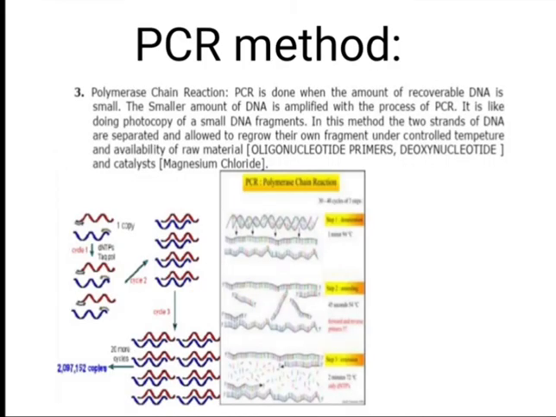And the last method is the PCR method, that is, polymerase chain reaction, as we have used this method to convert the larger size DNA strands into the smaller ones. So PCR is done with the amount of recoverable DNA, and the smaller amount of DNA is amplified with the process of PCR, and it is like doing a photocopy of a small DNA fragment.